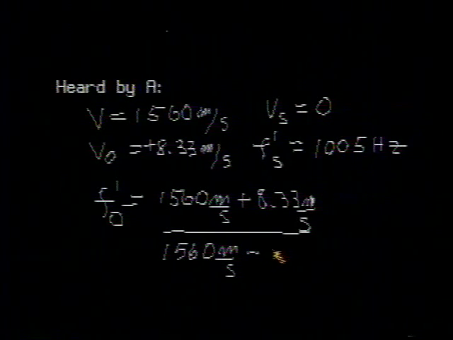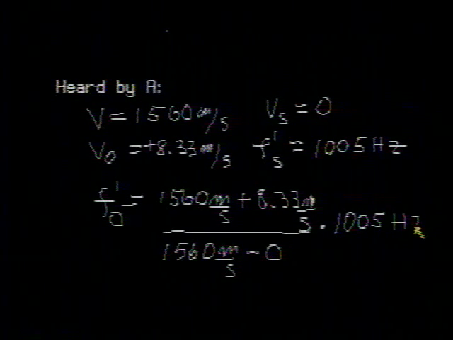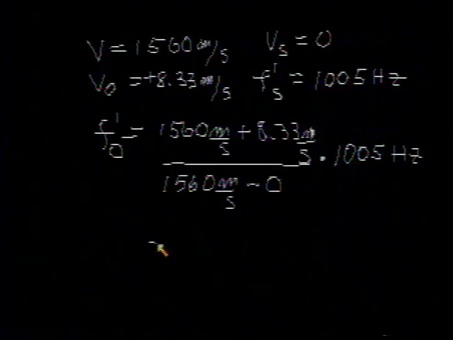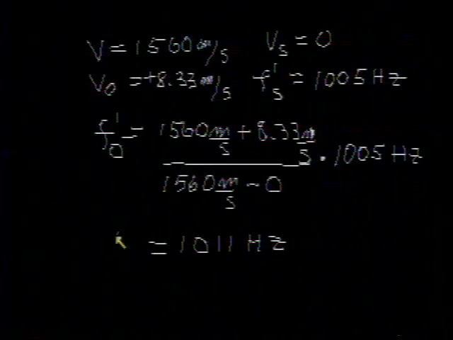We multiply all this by 1,005 hertz. And if you carry out that calculation, you get to 4 significant figures, 1,011 hertz then as the frequency heard back at sub A.